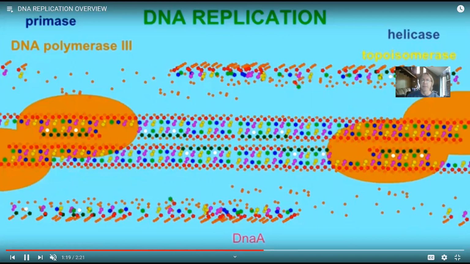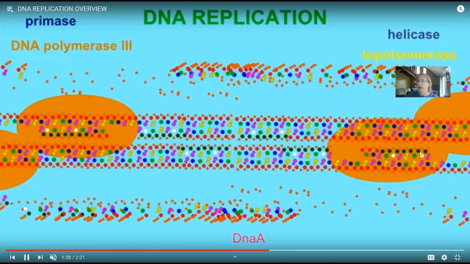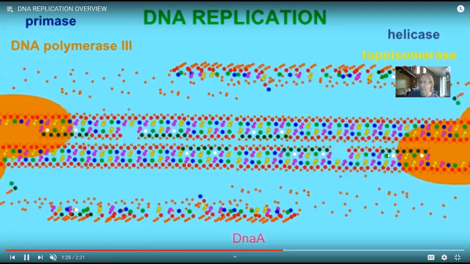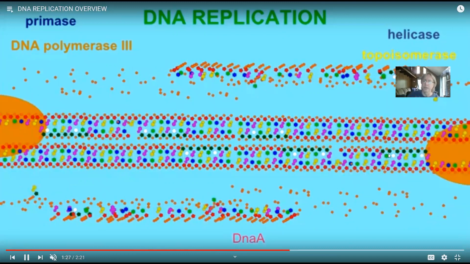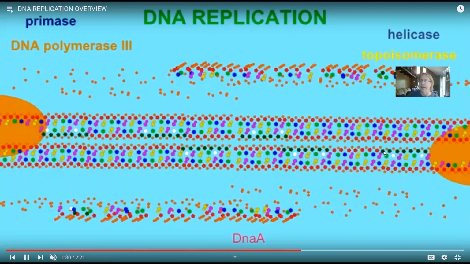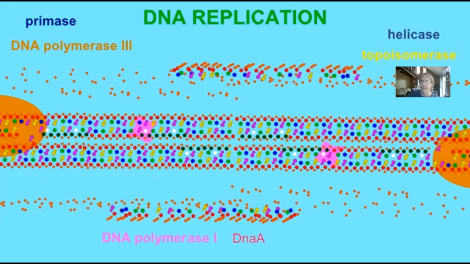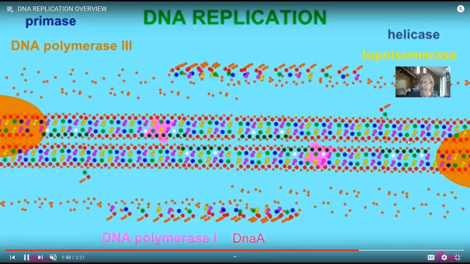Then another DNA polymerase 1 will replace the RNA nucleotides of the primers with DNA nucleotides, and then another enzyme called ligase will then seal the last nick connecting the last nucleotide, which replaced a primer nucleotide, with the DNA of the existing strand. So this is what's going on in the S phase.